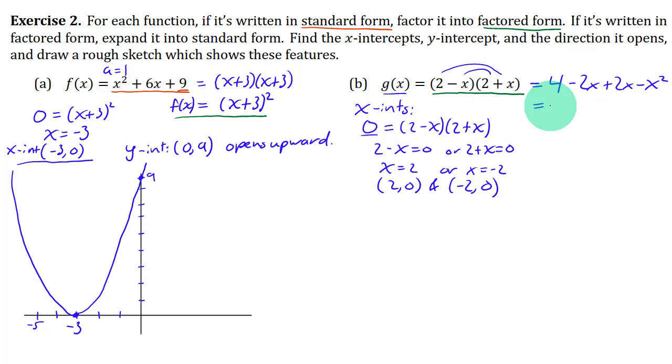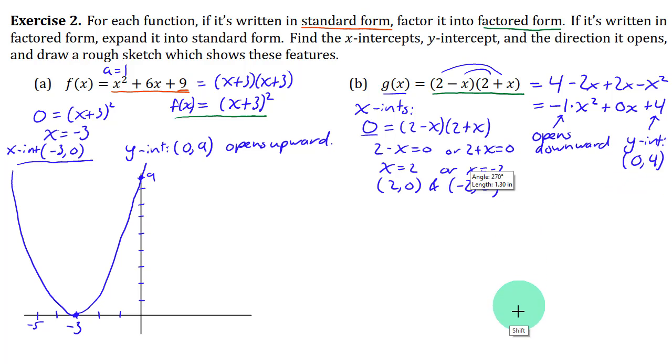Or if you want to get it precisely in standard form, it would be negative 1 times x squared plus 0x plus 4. So you can see that a is negative 1. That's going to mean it opens down. The c is 4, so that means the y-intercept is going to be 0, 4.